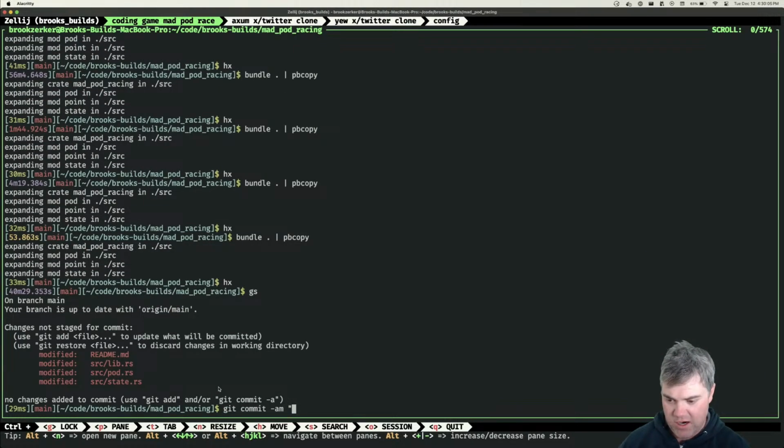All right, so let's see, what did we do today? We are slowing down when the angle to the next checkpoint is high.